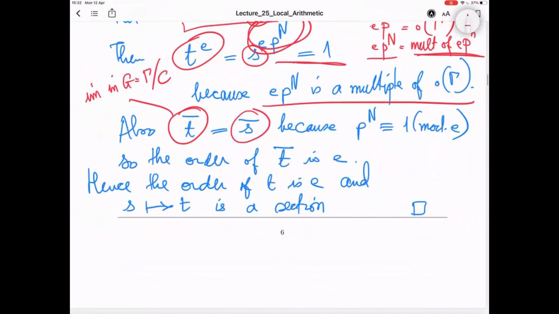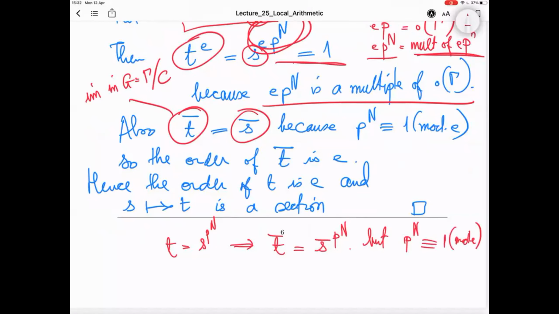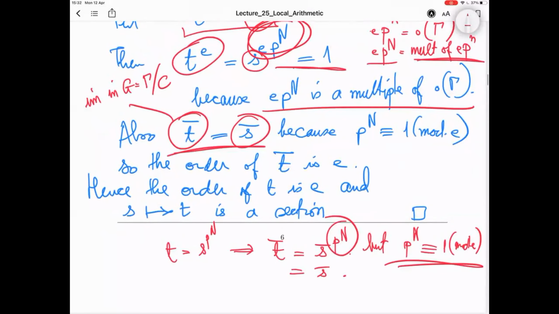T bar is equal to S bar, because T is S to the power P to the N. Normally, T bar will have to be equal to S bar to the power P to the N, but P to the N is congruent to 1 modulo E by construction. So this is equal to S bar. So T bar is equal to S bar because of this.